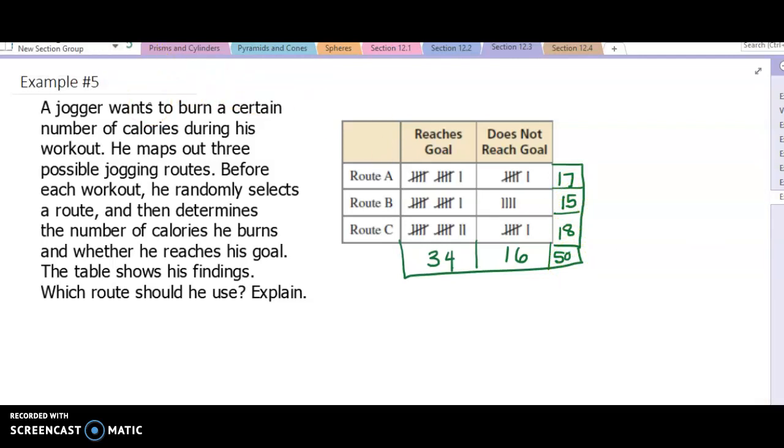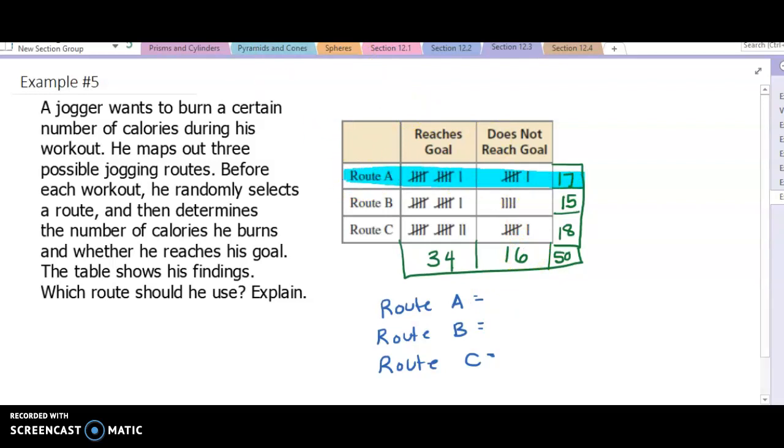All right, so we want to look specifically at route A, route B, and route C, and we want to find the probability that when we ran that route, we achieved our goal. Okay, so we're going to look at route A, and then separately, we're going to look at route B, and then separately again, we're going to look at route C, and then we're going to find the probabilities of achieving a goal for each of those three, and then compare them.